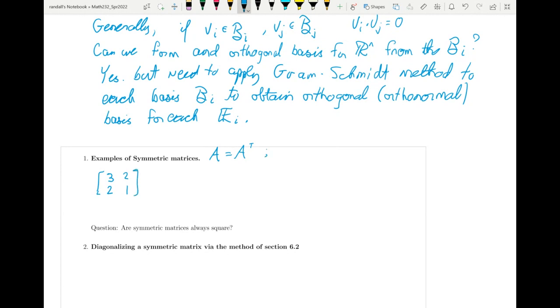In terms of entries, the ijth entry of A is the ijth entry of A transpose. That's what that equation says.